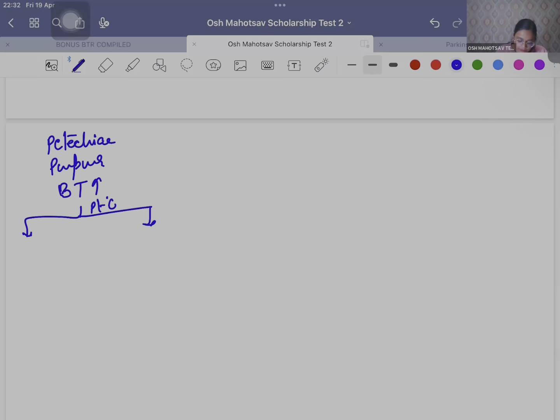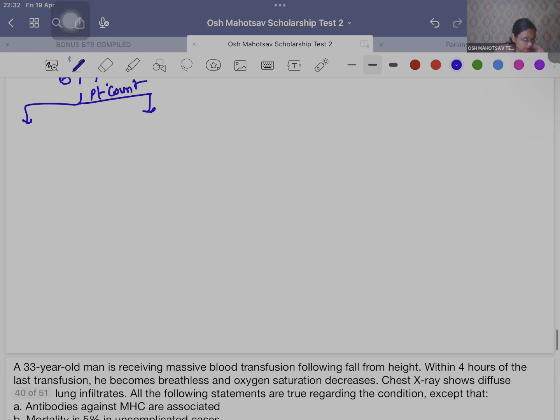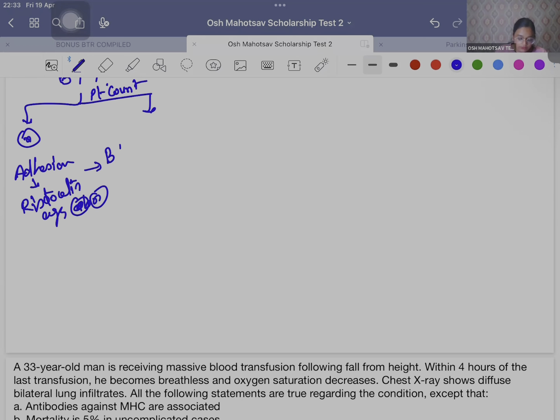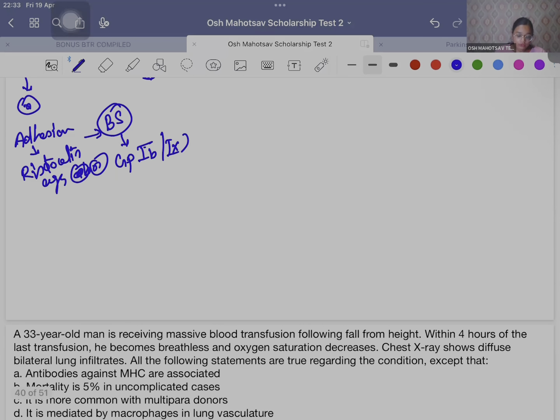If the platelet count is normal, then we will check for a defect with adhesion and aggregation. How do we check adhesion? By the ristocetin aggregation test. If this is abnormal, then the diagnosis will be Bernard-Soulier syndrome, the defect with glycoprotein 1b and 9.